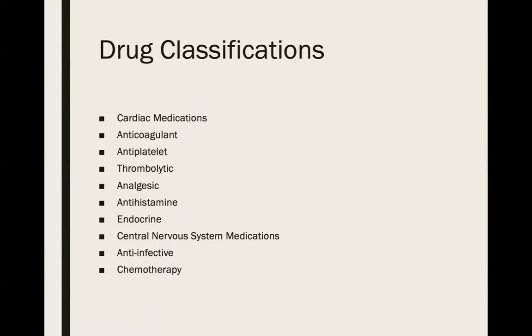And then also knowing what these drugs do. If I take an anticoagulant drug, what does that drug do? If I take an antiplatelet drug, what does that drug do? If I take an antihistamine, what does that drug do? So being familiar with what these drug classifications do.